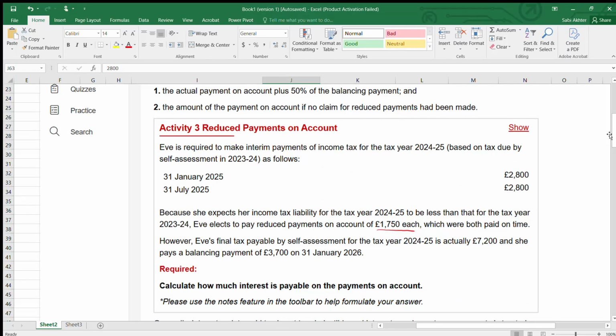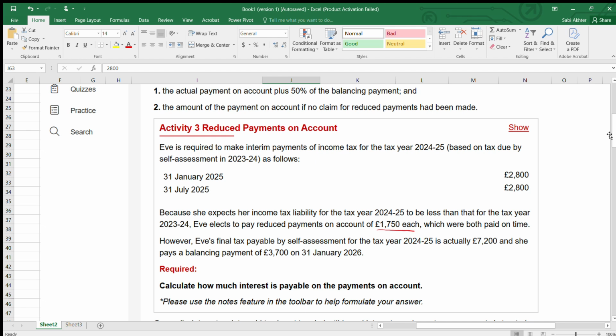Now, when is she paying? Now she's paying late, isn't it? So for 25-26, now when are payment on accounts due?